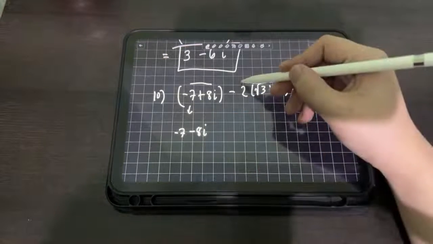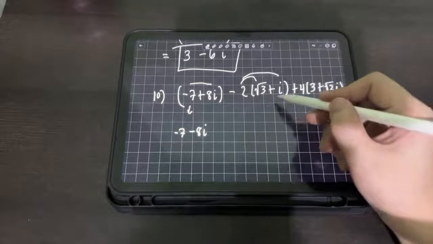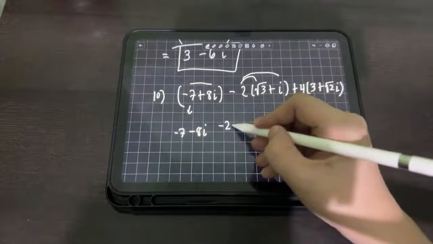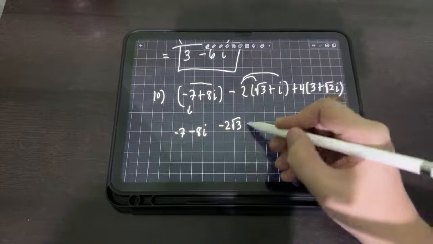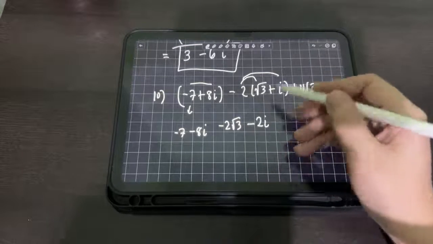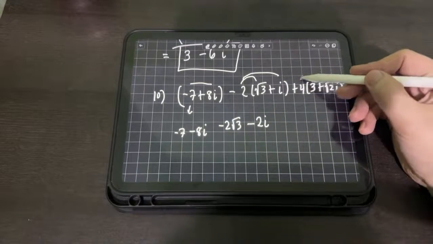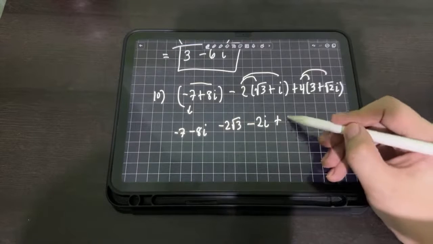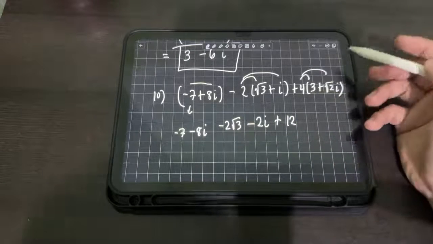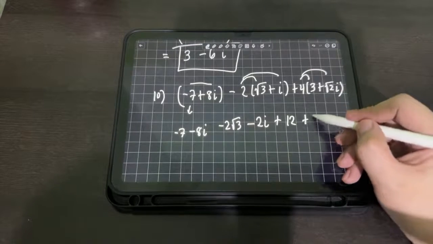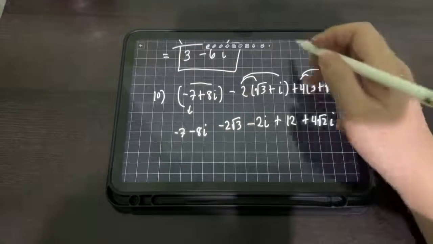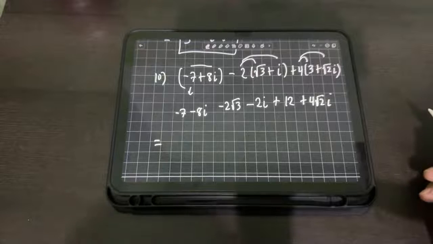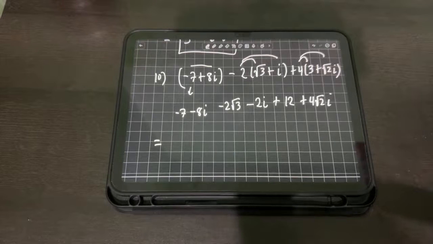And then we can distribute, multiply this negative 2. We will have negative 2 square root of 3 minus 2i. Also here, we can multiply 4, distribute. So 4 times 3, that's 12. Then 4 times square root of 2 i, positive 4 square root of 2 i. So we can now combine the real parts and imaginary parts.